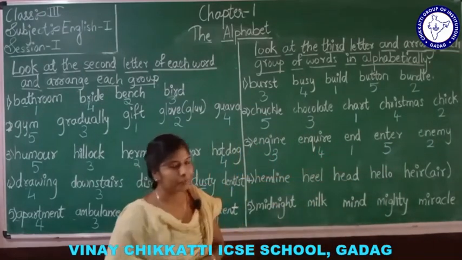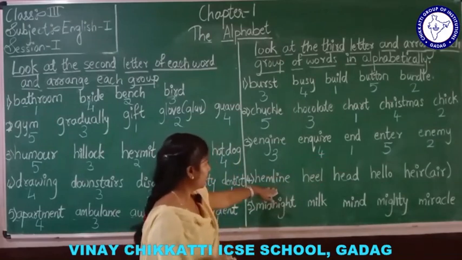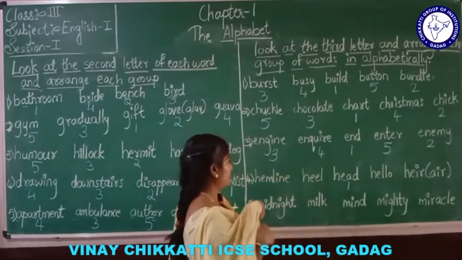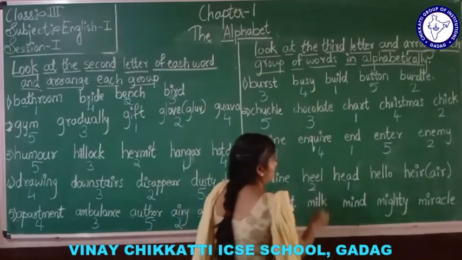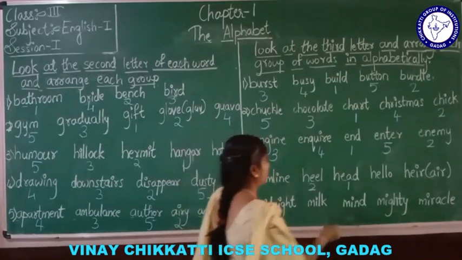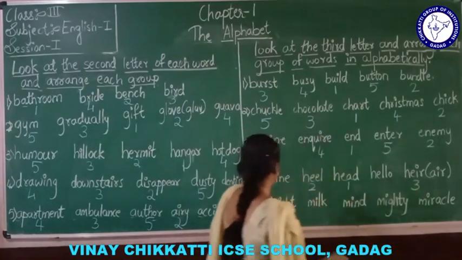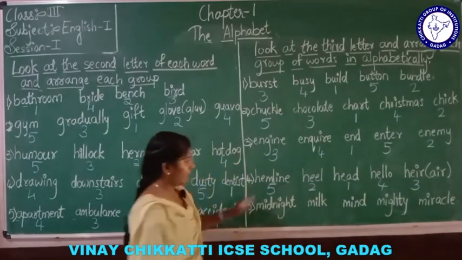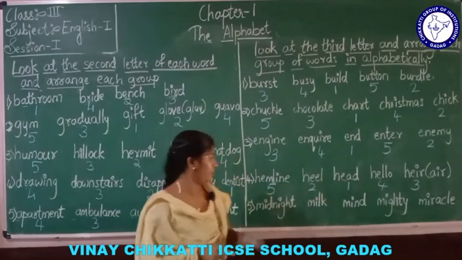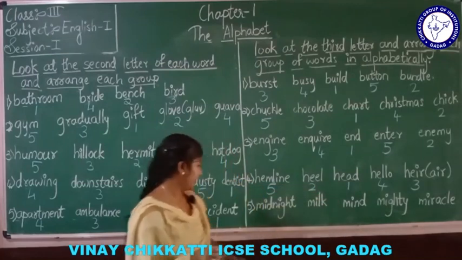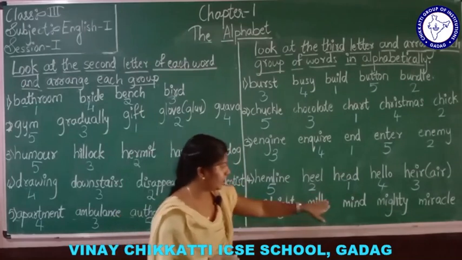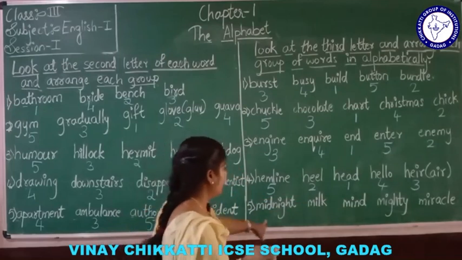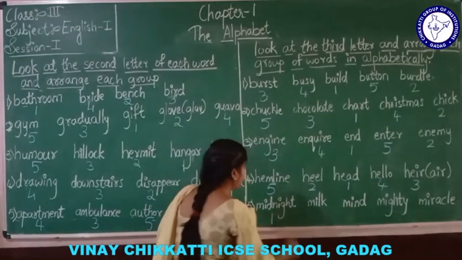Next, here, 5, 2, 1, 4, 3. Then it is the last one. See, MI, MI, MI, MI and MI. See, which is the first letter here? D. Midnight.